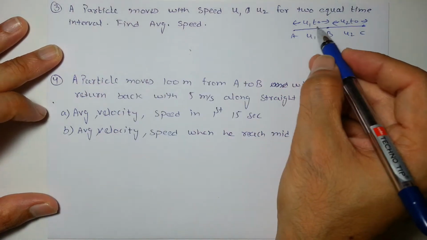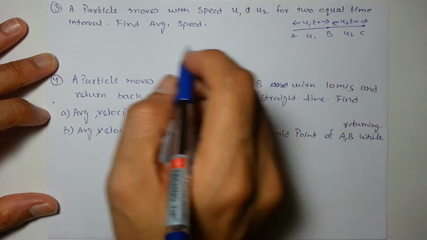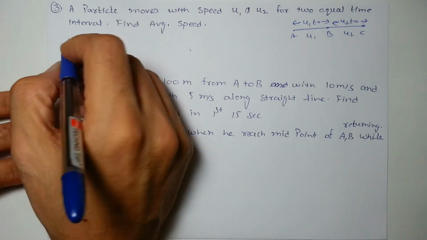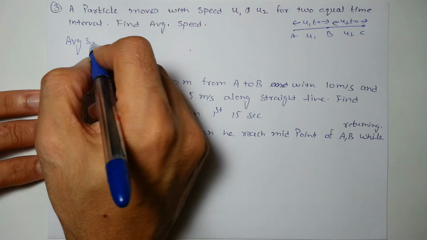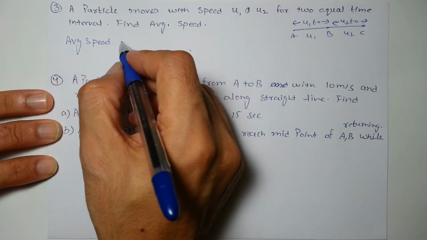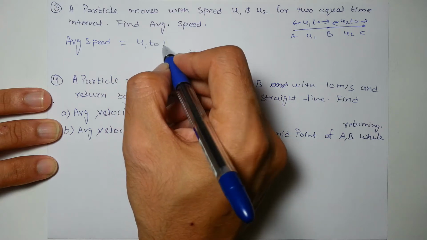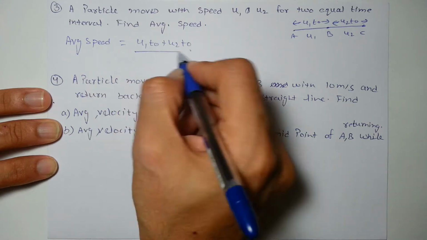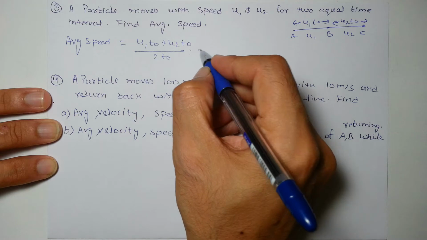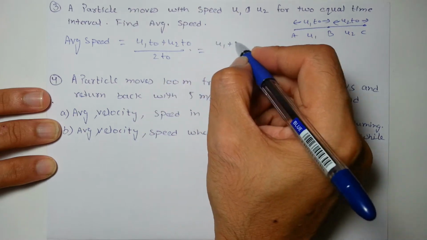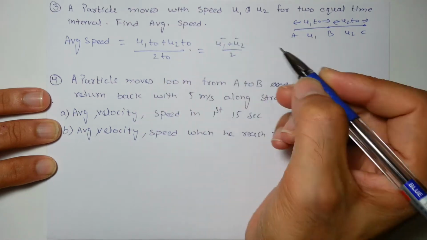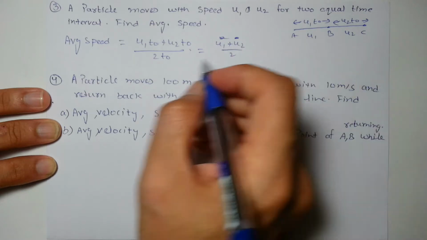And total distance we get is u1 t0 plus u2 t0, and average speed is nothing but total distance u1 t0 plus u2 t0 by total time, which is obviously 2 t0. That is u1 plus u2 by 2, the average speed.